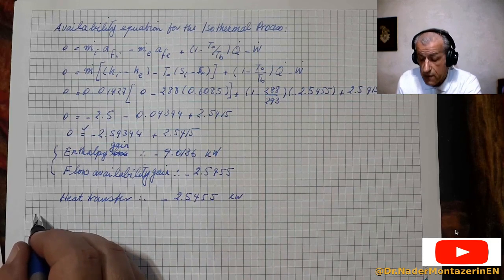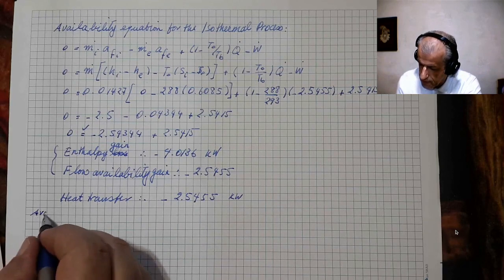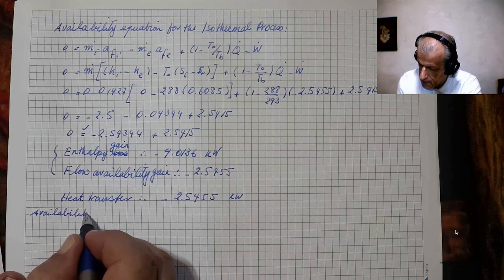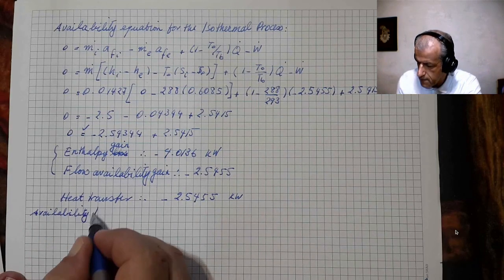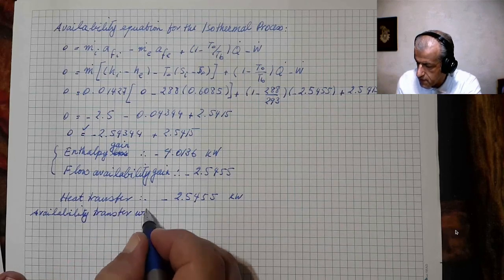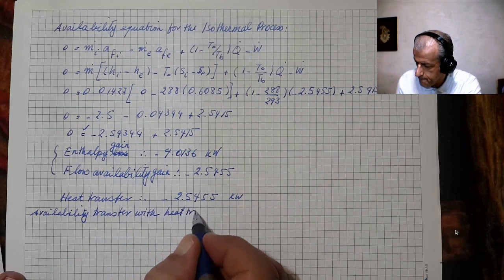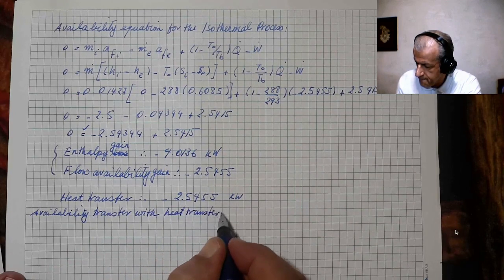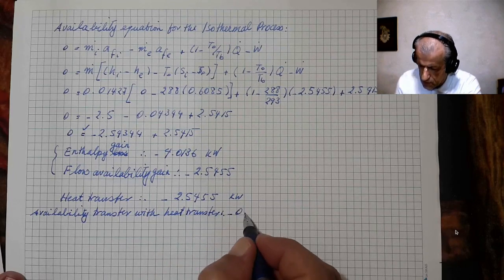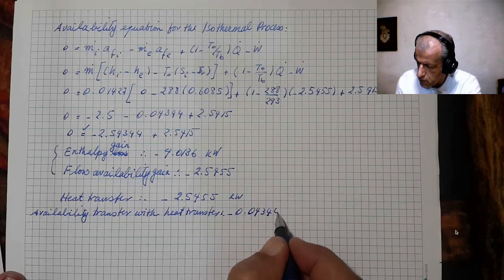Availability transfer with heat transfer is far less, is minus 0.04344.